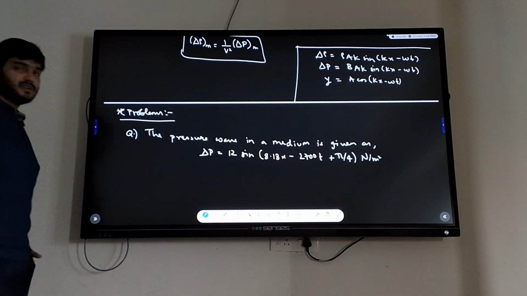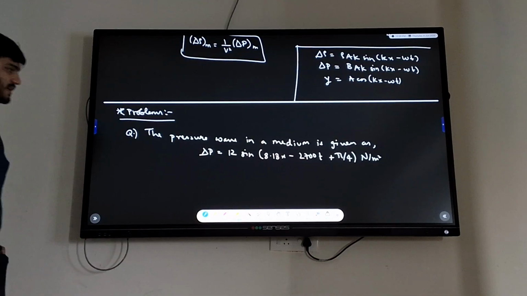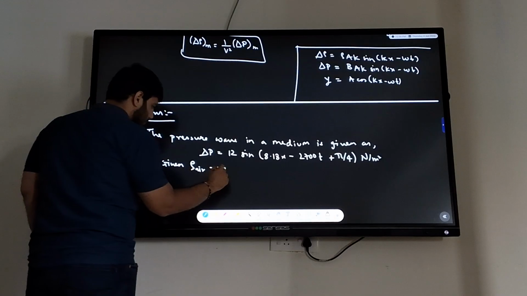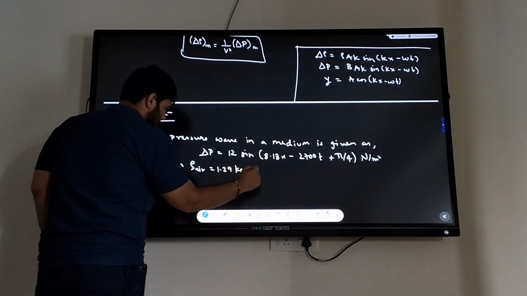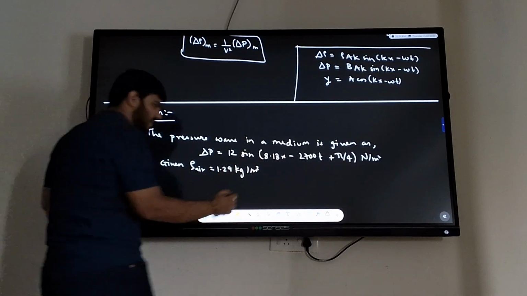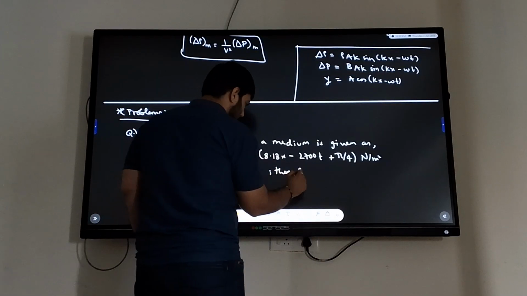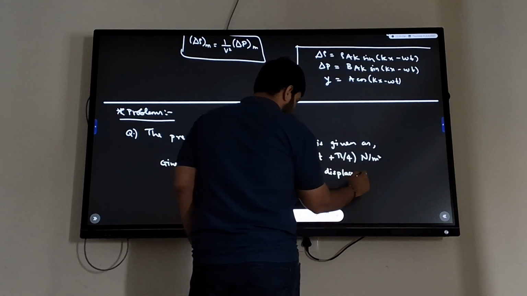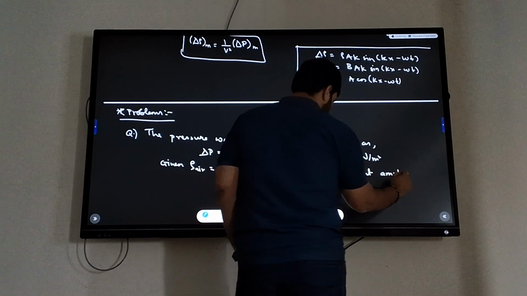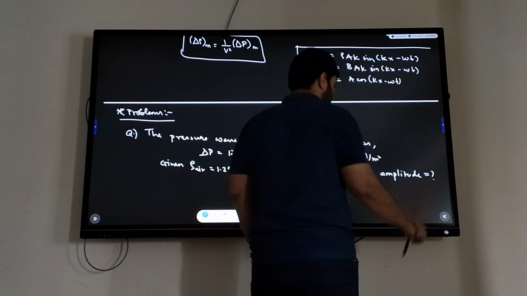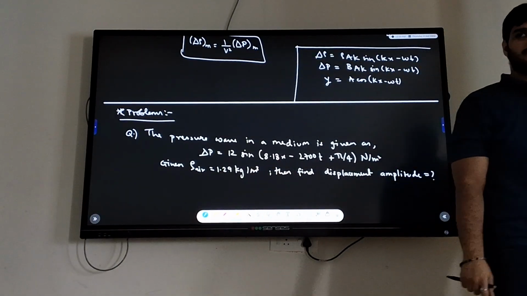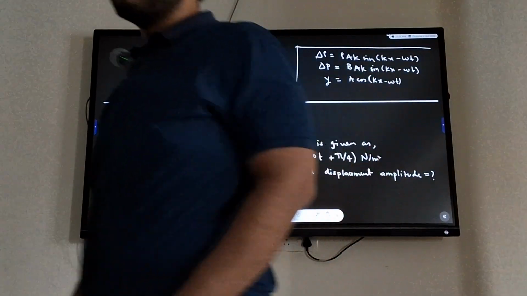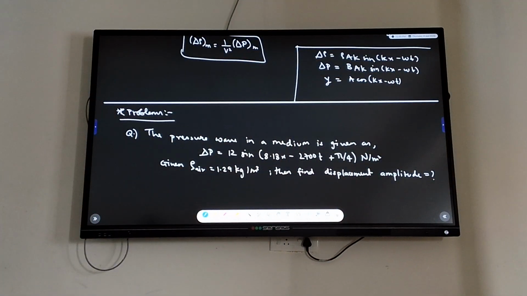This is the wave given, and now they are asking to find, given density of air to be 1.29 kilogram per meter cube, the displacement amplitude. You have to find this. Okay? Attempt. I am giving you 4 minutes to think, and then I will start.